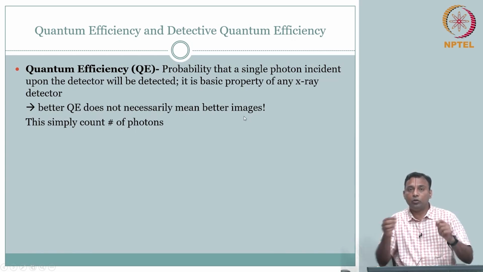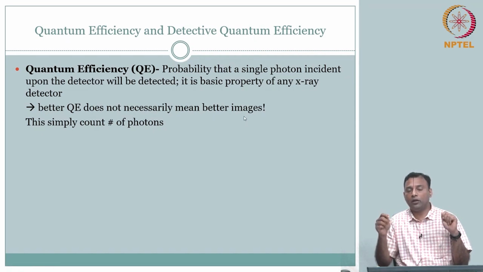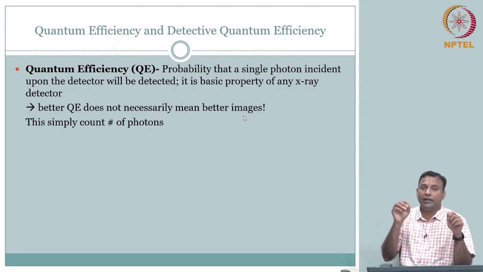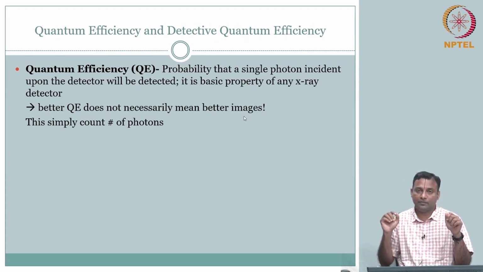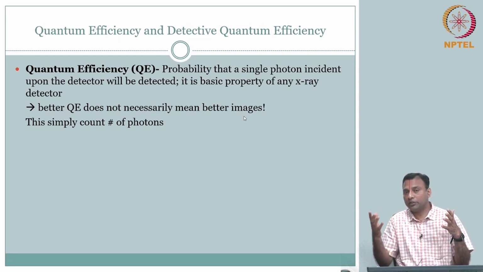In other words, if I give you two detectors having the same quantum efficiency, but you know that one of them produces the conversion and localization of the photons with less randomness than the other, then intuitively you will say, I want to go for the first one, because it has less fluctuations.